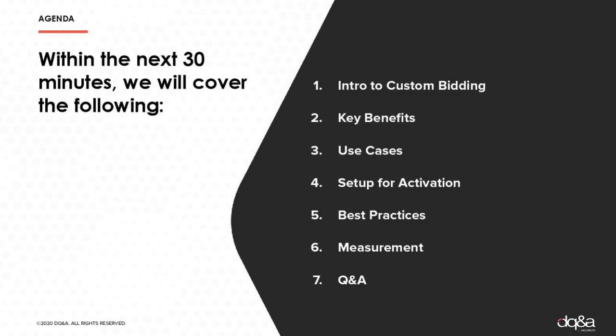How you set up for activation in DV360, and we'll look into some of the best practices that we can share with you already, and look into once you activate things, how you can measure effectiveness. And in the end, we'll have some time to go through all the questions that you put in the chat. So feel free to drop them in as we go, because we are going to go through each one of them.